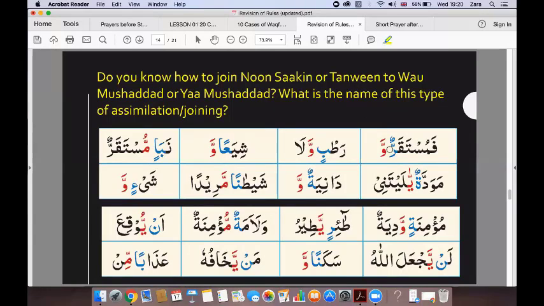So it's a different type of joining. So we call this incomplete assimilation or incomplete merging. And we call this idgham al-naqis. And the reason for this is because when we join the words together, we still keep part of the nasal sound, which comes from the tanween or the nun sakin.